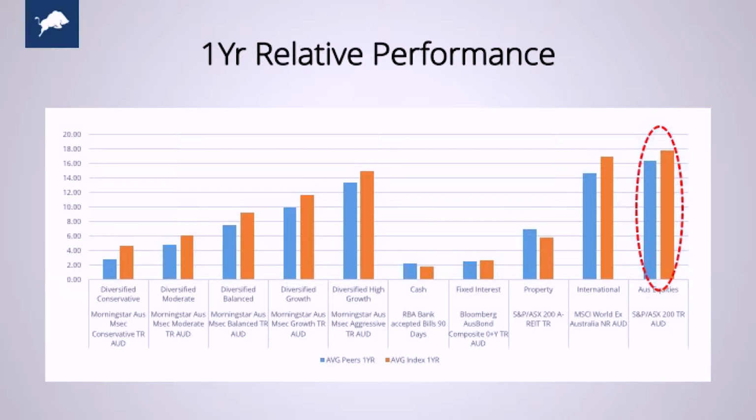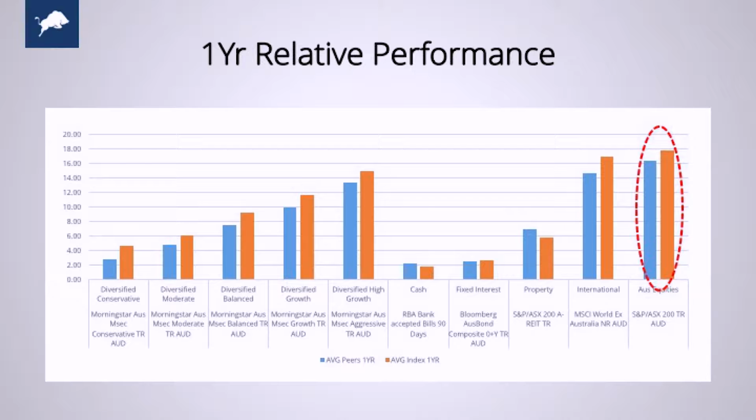On the left-hand side of the screen, you've got diversified portfolios, or the ideal diversified mix to make up the Morningstar classification. So we've got the Morningstar diversified aggressive portfolio, the Morningstar diversified growth portfolio, and your moderate, your balanced and your conservative.